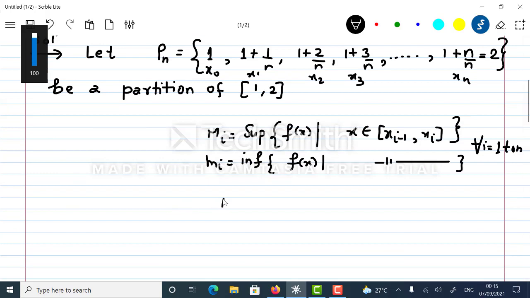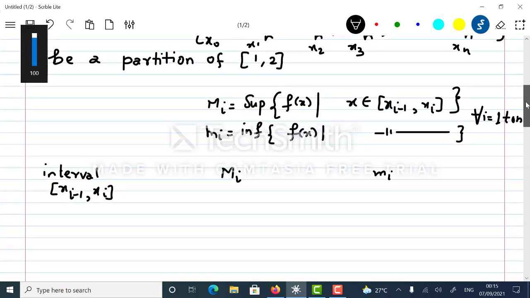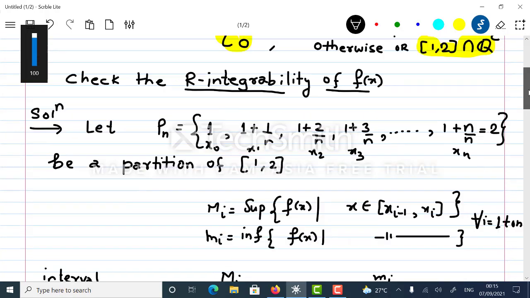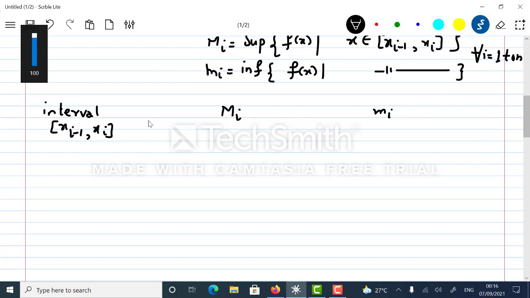Let me have a table here with the interval xi minus 1 comma xi, capital Mi and small mi, and we will try to find the supremum and infimum.